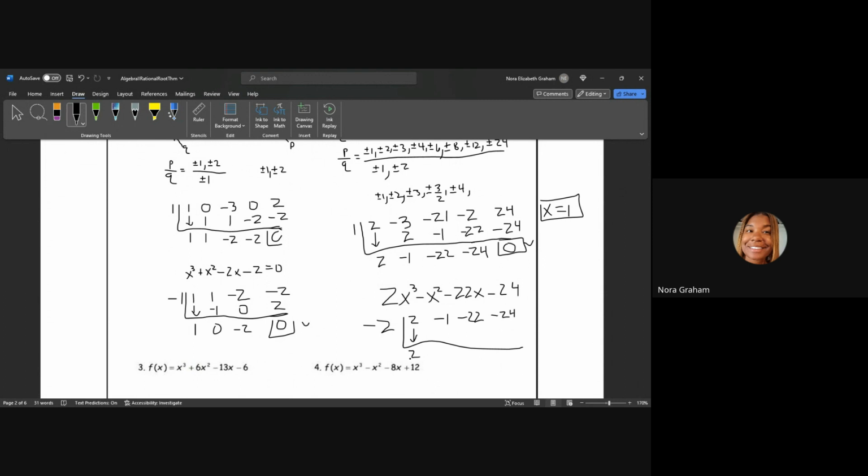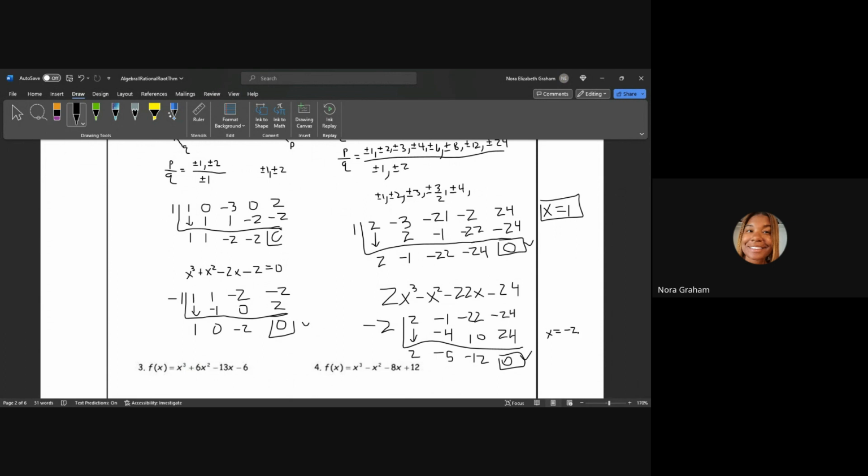So -2 times 2, that equals -4, right? -4 plus -1, that equals -5. -5 times -2, that's going to equal +10. +10 plus -22, that's going to equal -12. -12 times -2, that's going to equal 24. -24 plus 24, that's going to equal 0. So I know that it's a check. And I have x equals -2 as another one of my roots.